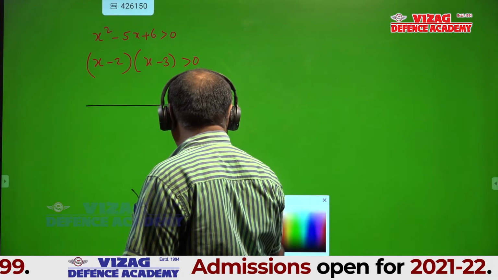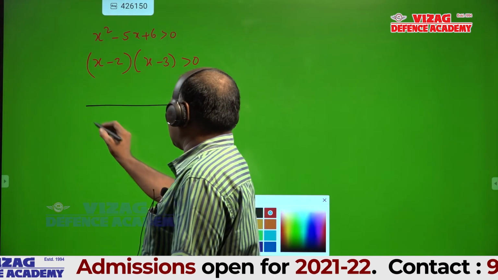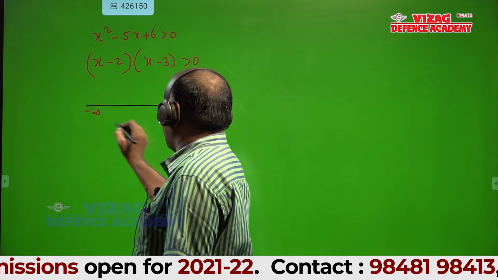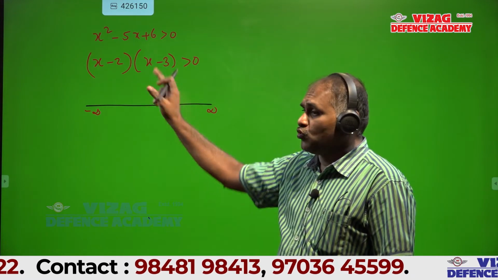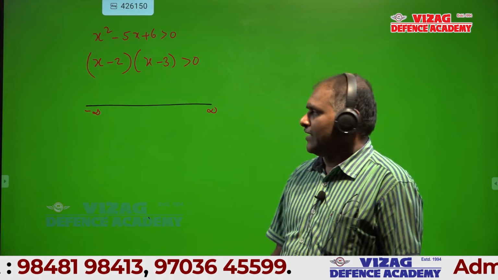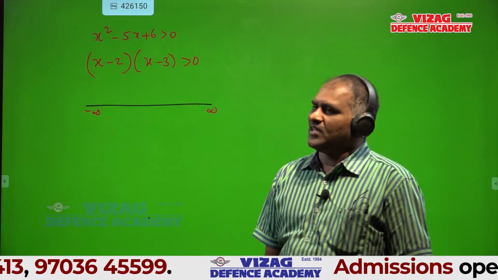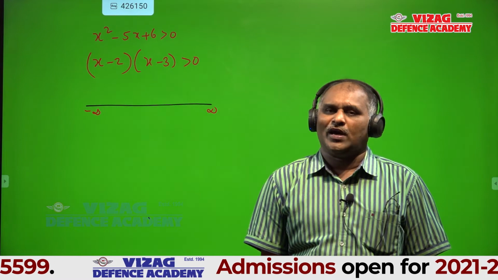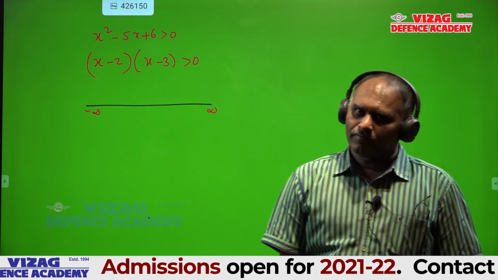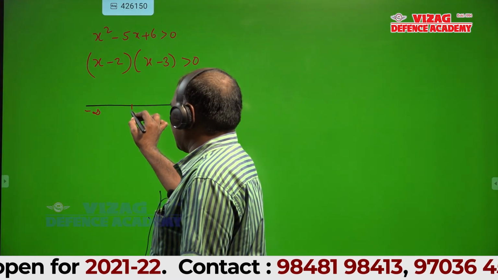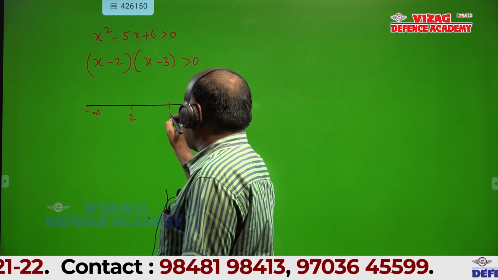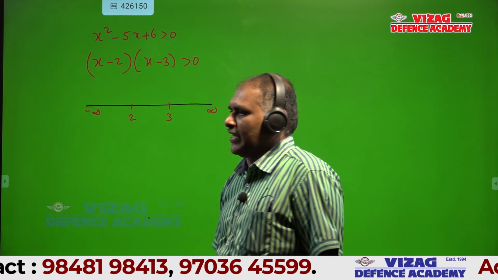Indicate the roots in increasing order, 2 and 3. What is the least of the two values? 2. Therefore this is 2, and this is 3.